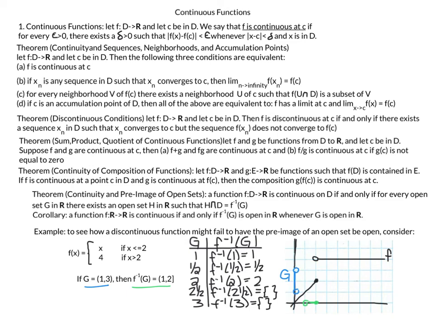So here we have an example of a discontinuous function where we have an open set and its pre-image is not open. For a continuous function, you will never have this type of condition.